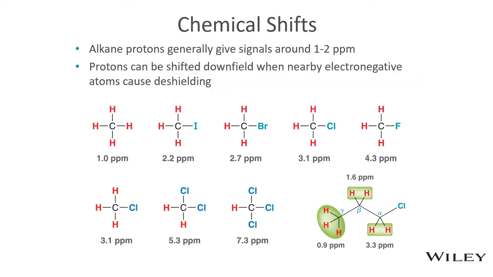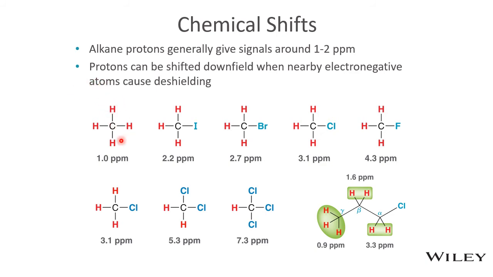Now, as far as chemical shifts go, alkane protons generally give signals around 1 to 2 ppm. So they're very close to TMS, which means that alkane protons in general are very shielded. Now, if we take alkane protons and put atoms that are electron withdrawing or electronegative, it can shift the chemical shifts for those protons downfield because the electronegative atoms pull the electron density towards themselves and cause more de-shielding for those protons.